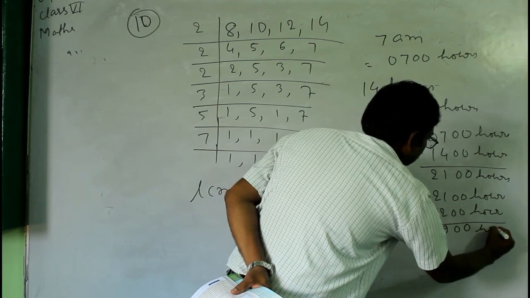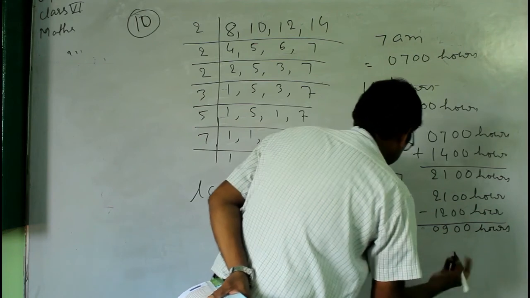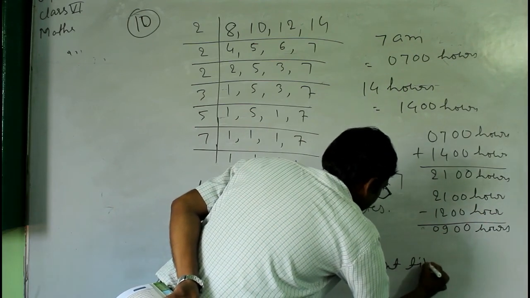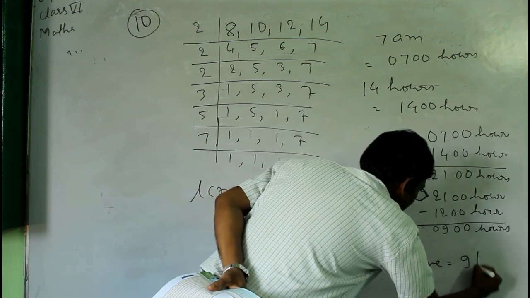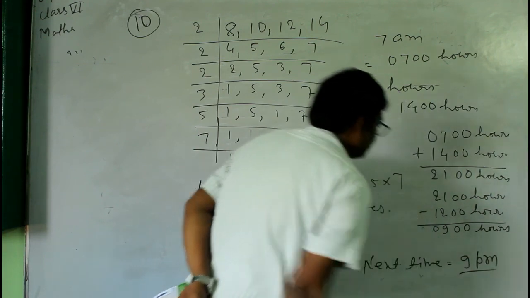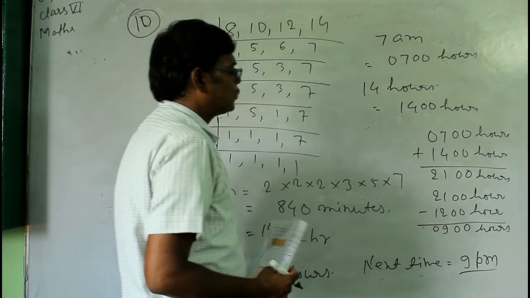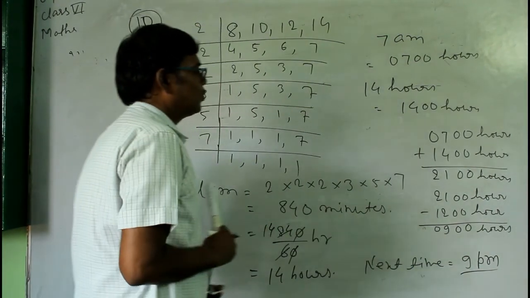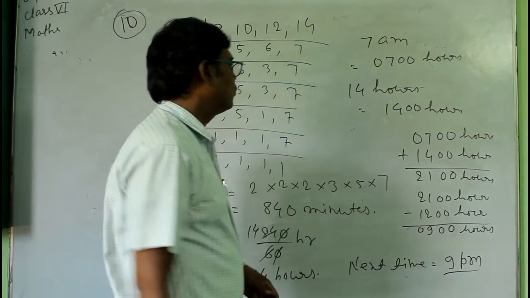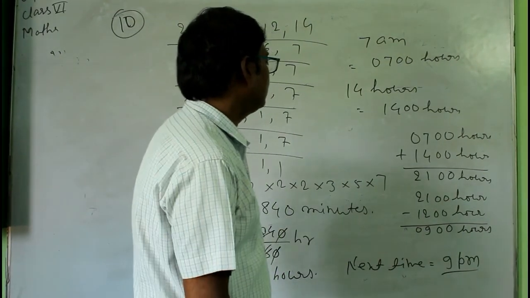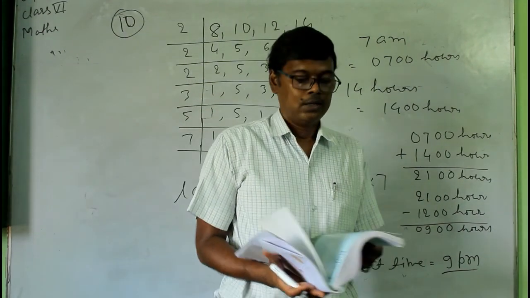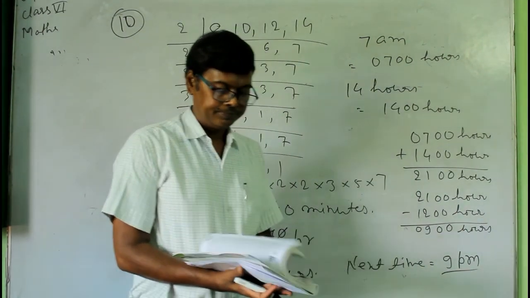So the next time is 9 p.m. Okay, that is all the bells will ring at 9 p.m. at the same time. That is all the four bells will ring again at 9 p.m. Okay, so this is the answer of this question.